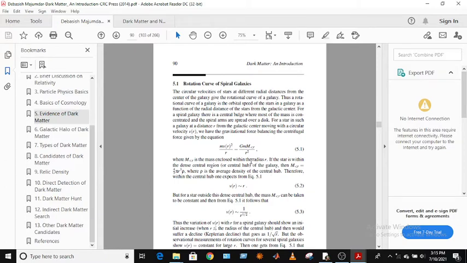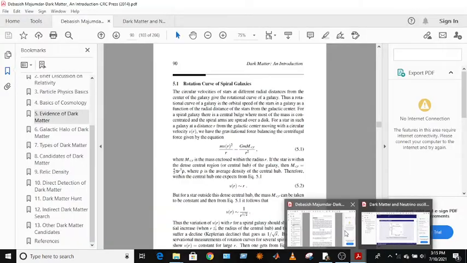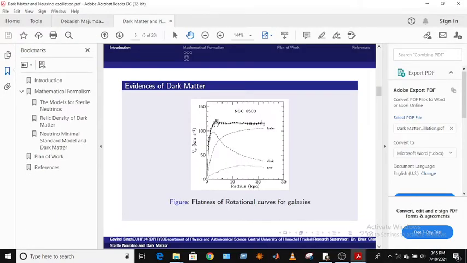So within the central hub, one can expect that the rotational velocity is directly proportional to the radius. As we move from the central region to the galactic arm, there should be a decline, because outside the galaxy there is supposed to be no normal matter, and therefore the rotational velocity of the stars should decrease.